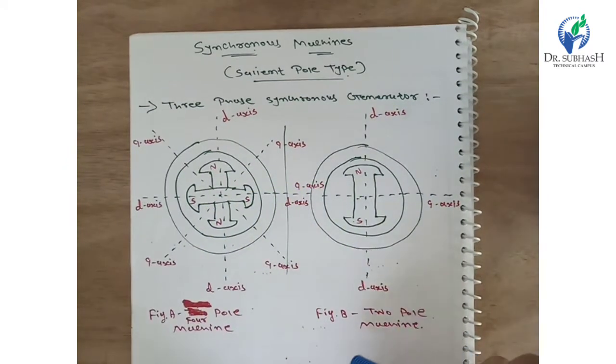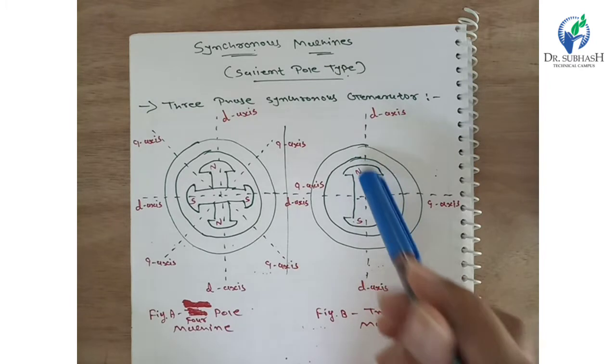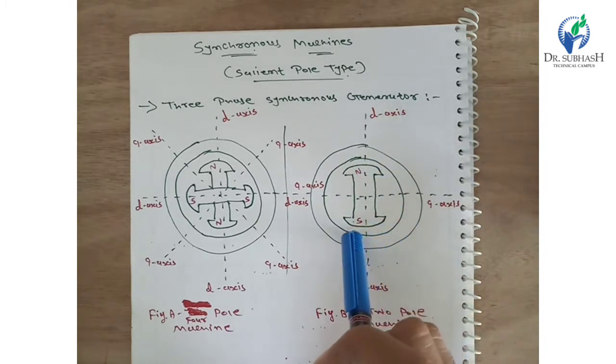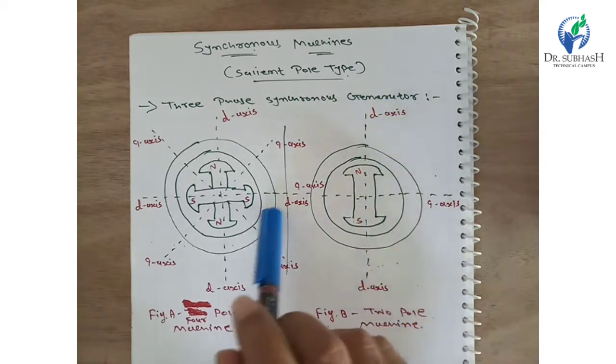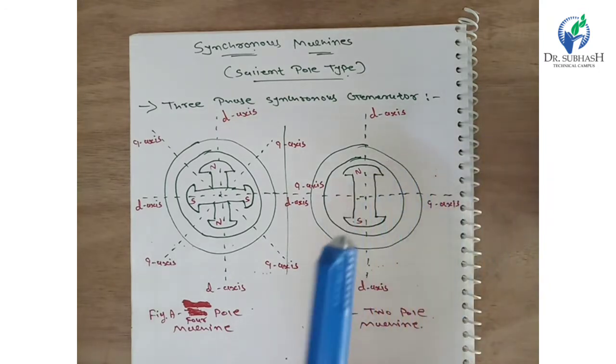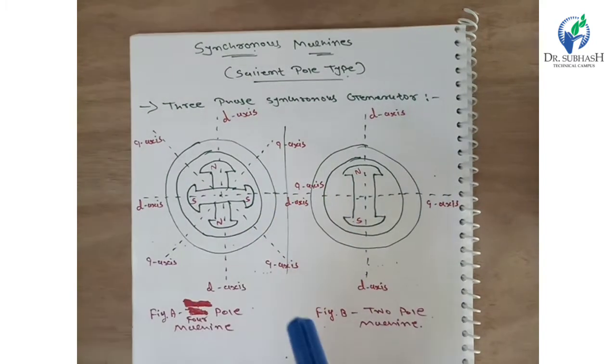And in the 2-pole machine, the N and S poles are clearly shown, and the axes are the D axis and Q axis. Here is the constructional detail for the salient pole type alternator.